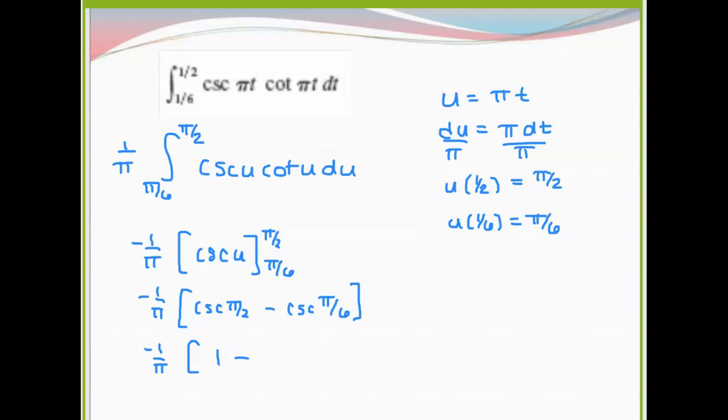So the sine of pi 6 is what? Yeah, it's 1/2. So then the cosecant of pi 6 becomes 2 because it's 1 over 1/2. So you get negative 1, but negative 1 times negative 1 over pi gives a positive 1 over pi.